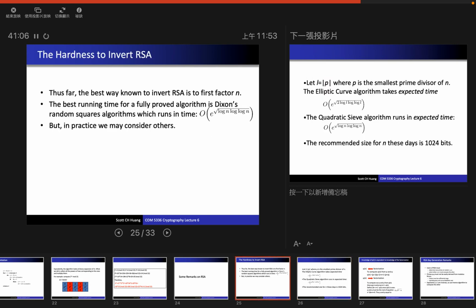How to compromise RSA? To compromise RSA, you need to be able to decrypt, right? What do you need to decrypt? You only need D, right? If you have D, then you can decrypt.